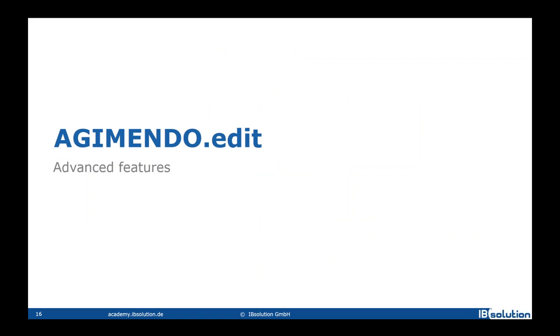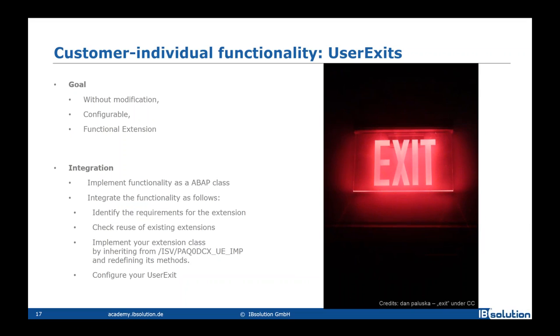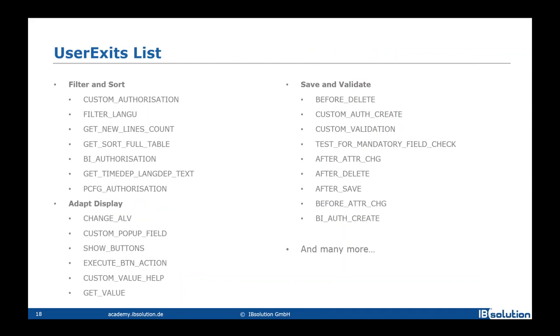So, advanced features, as we said, there is the user exit. The goal is simply to have a configurable extension that is programmable. In the list of user exits, which is actually not exhaustive, I would like to talk about, for example, change alpha in the adapt display.